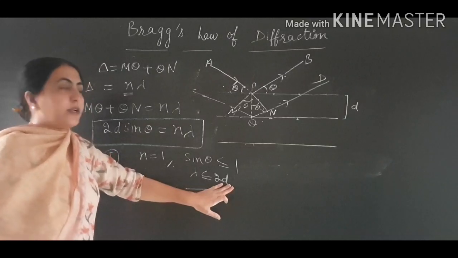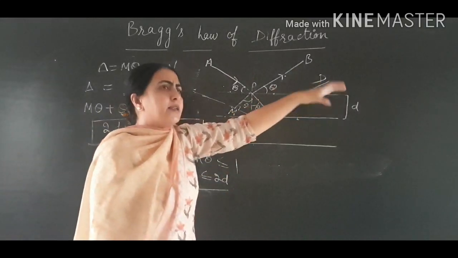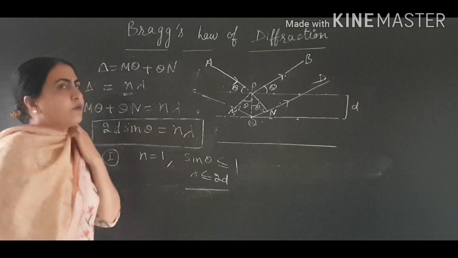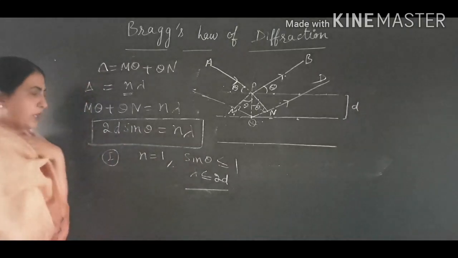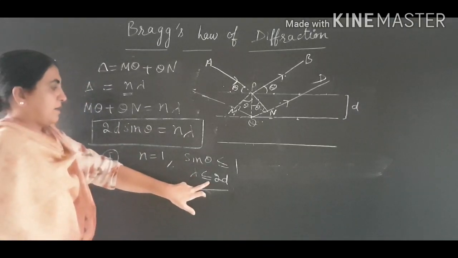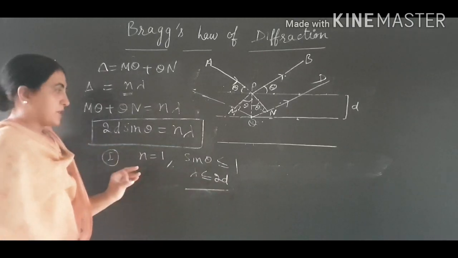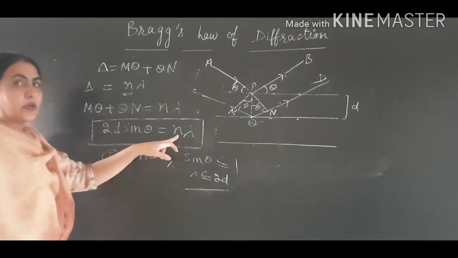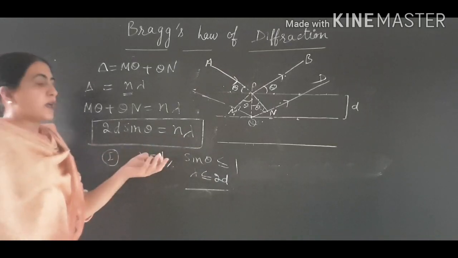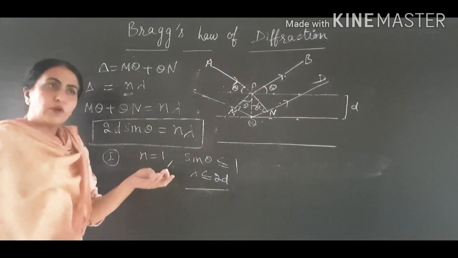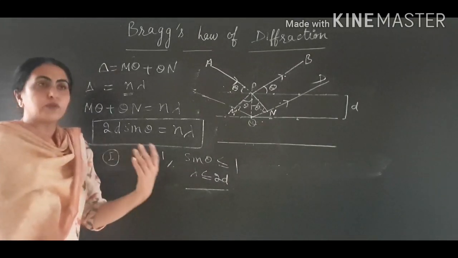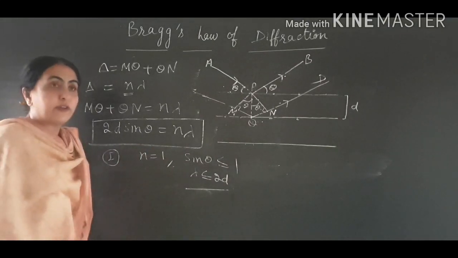Here d is the interplanar spacing, which is a small value. The second conclusion is that n equal to 0 is the 0th order of reflection, n equal to 1 is the first order, and n equal to 3 is the third order of reflection.